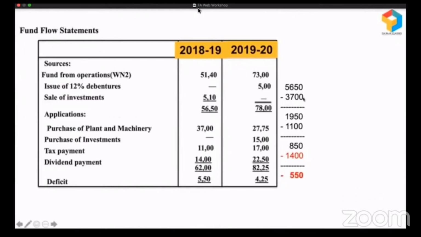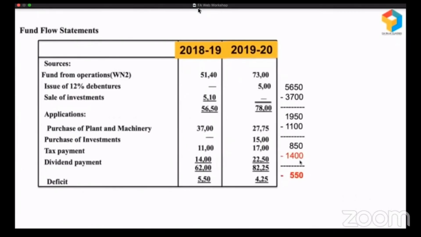Ideally, when they purchased plant and machinery of 3,700, they should have raised some long-term funds. Some portion of this 3,700 could have been funded by long-term funds, and that would have left a good amount of surplus so that they could have paid this dividend easily.